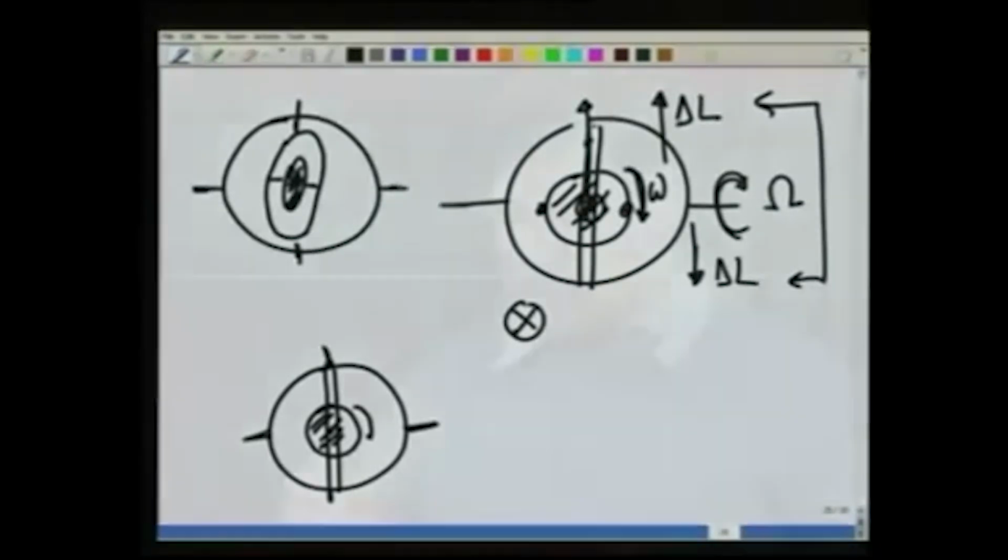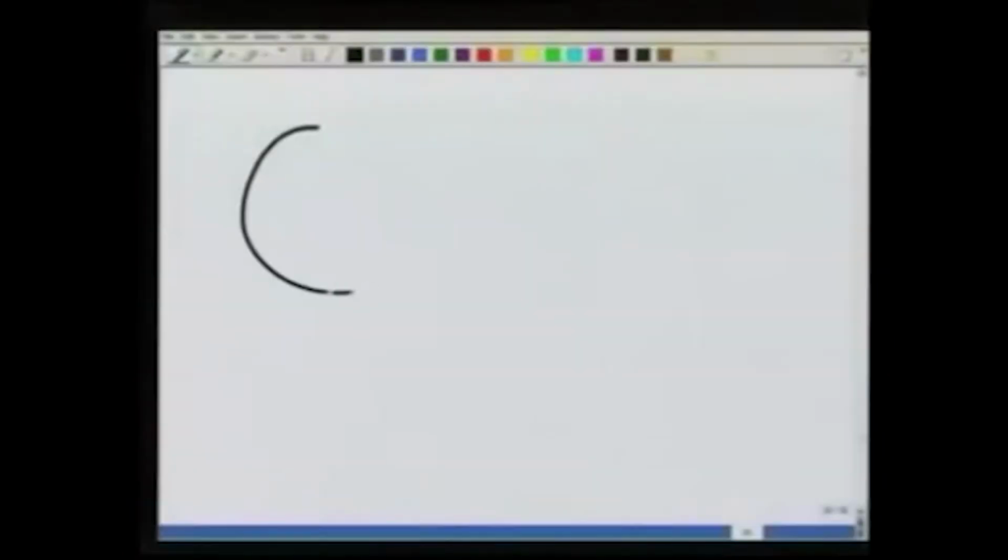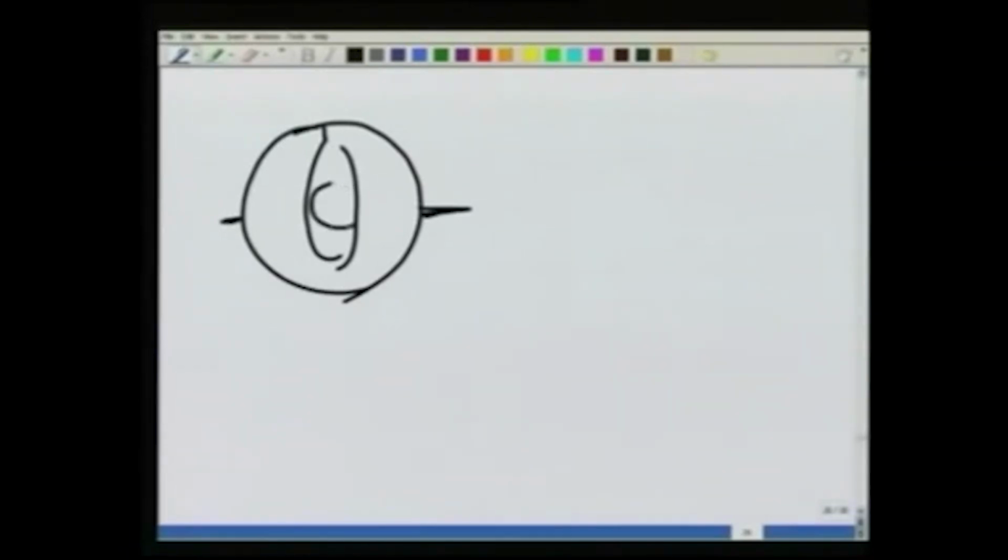To make it quantitative, let me make this outer frame, let me make the inner frame, and let this inner wheel be such that its axis is making an angle theta with this direction, coming out of the plane of the screen.